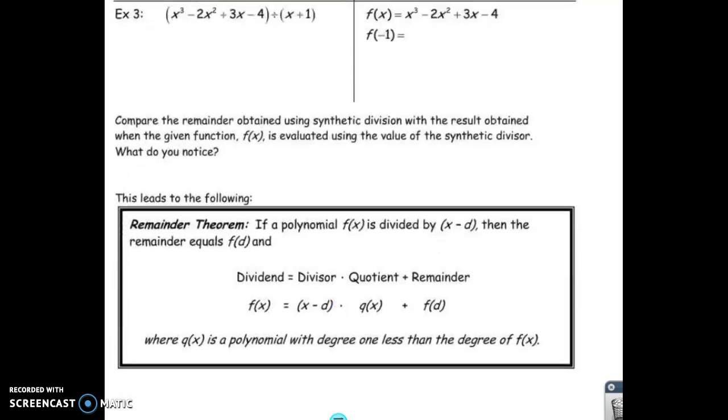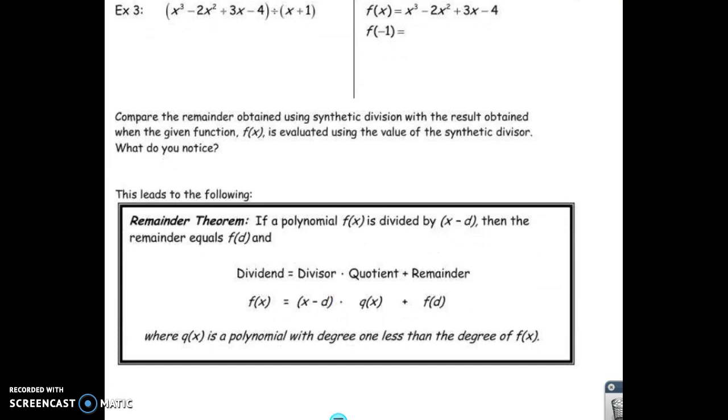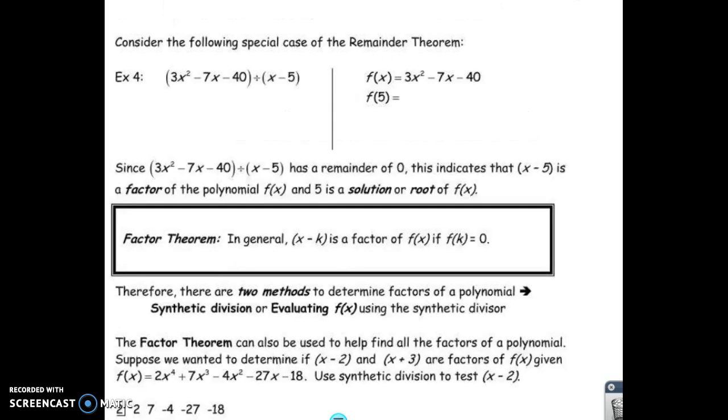And that's all that this box is saying. All right, so we're going to go on to our next page here. And again, we'll quickly substitute in a 5. So 5 squared is 25, times 3 is 75. 5 times negative 7 is negative 35, minus 40. Notice we're going to get a 0 there.